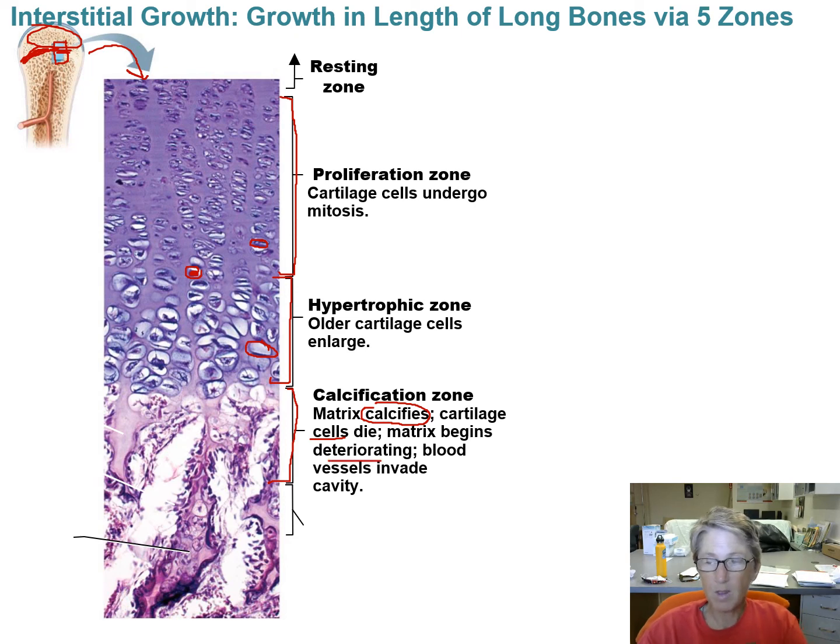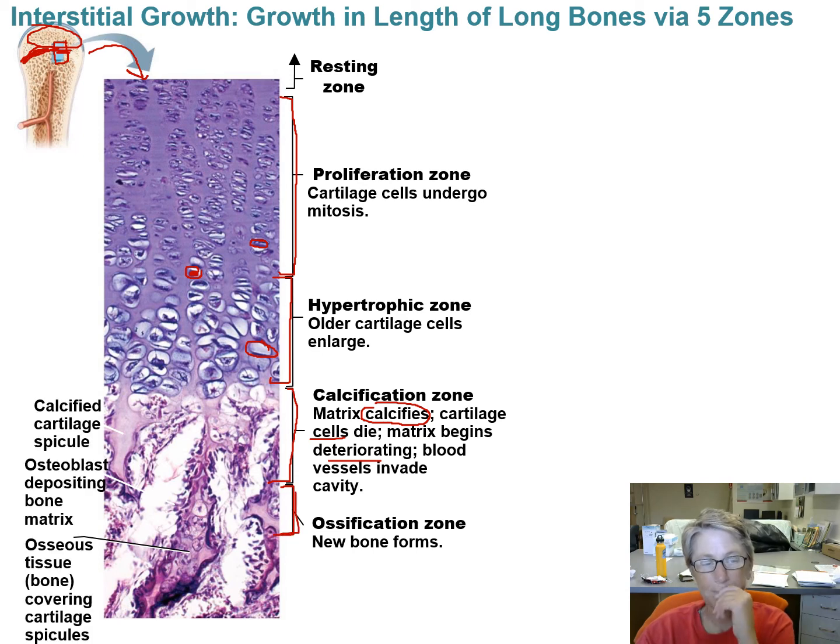Blood vessels invade the cavity, because remember, you actually want to start forming bone. And then just below the calcification zone, you have the ossification zone, and that's where the bone is actually forming. Over here it says this piece right here is a calcified cartilage spicule.